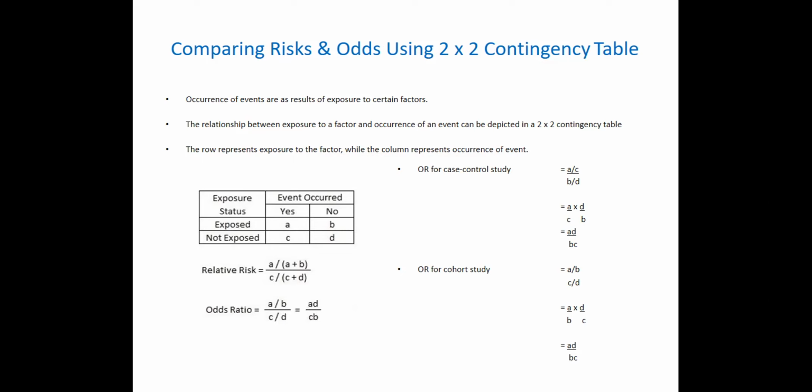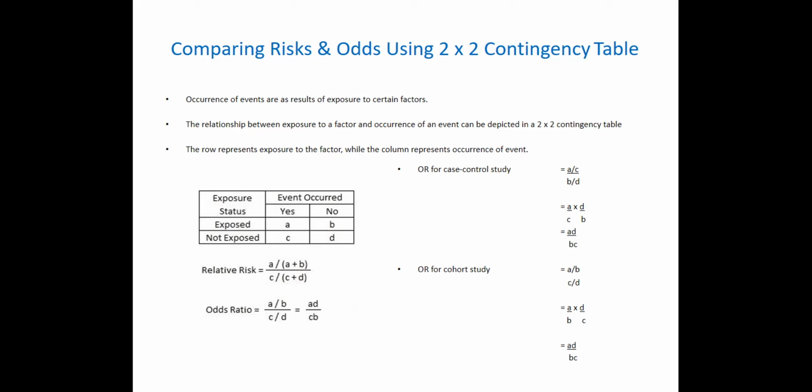When you are doing it, it is conventional to make the exposure horizontal and the outcome vertical. Can you see exposure status? Exposed, not exposed. So in 2 by 2, the exposure has 2 categories: either exposed or not exposed.